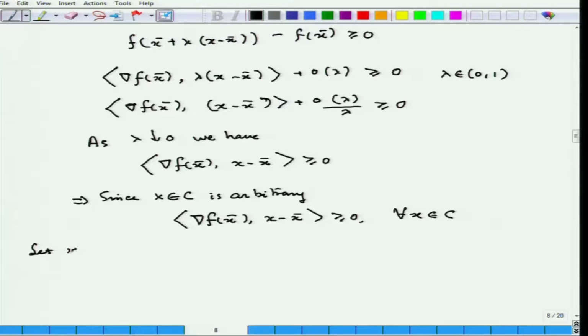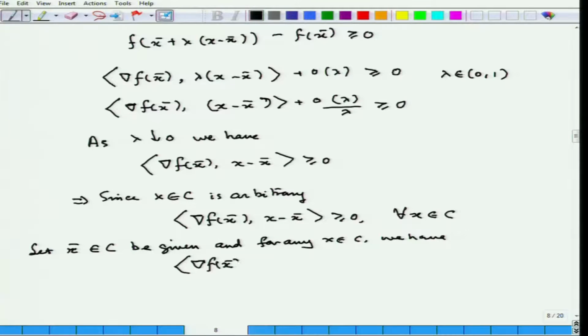Let x bar, an element of C, be given, and for any x in C we have this. This is the reverse we are asking for. The question is, is x bar a minimum of CP?